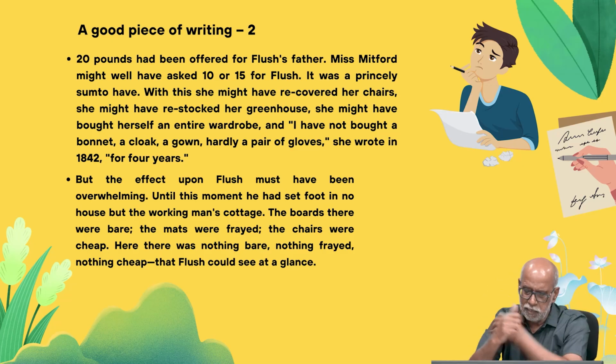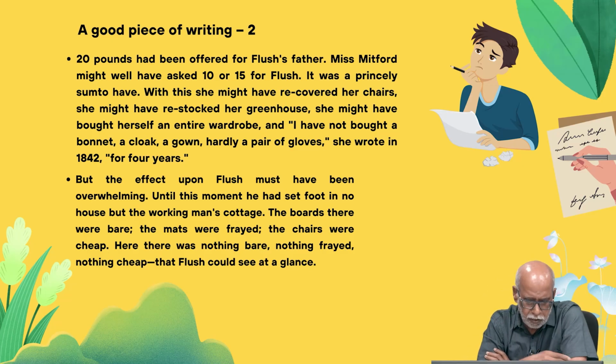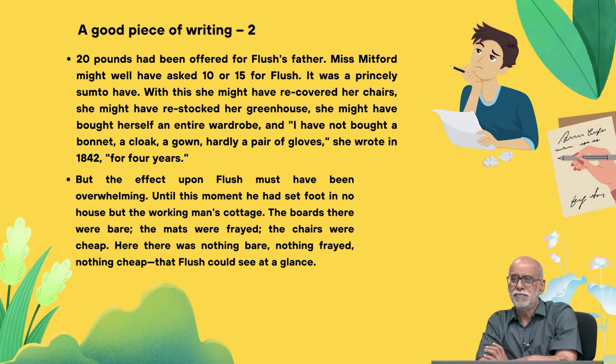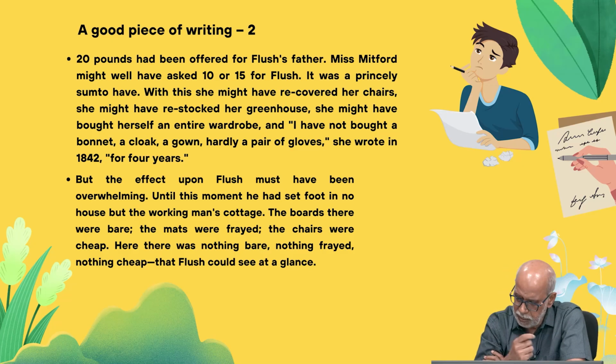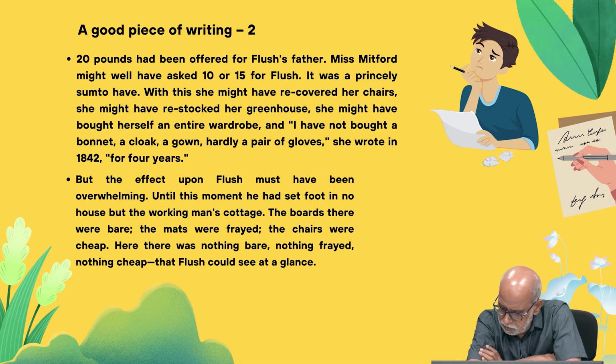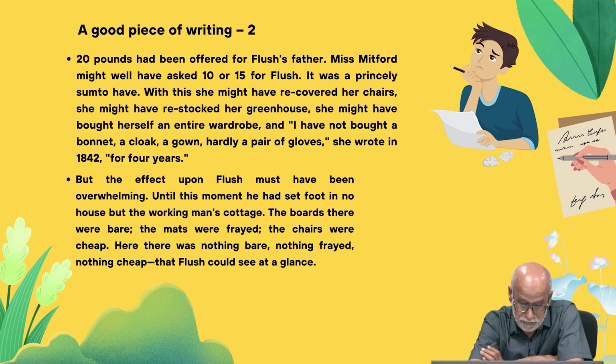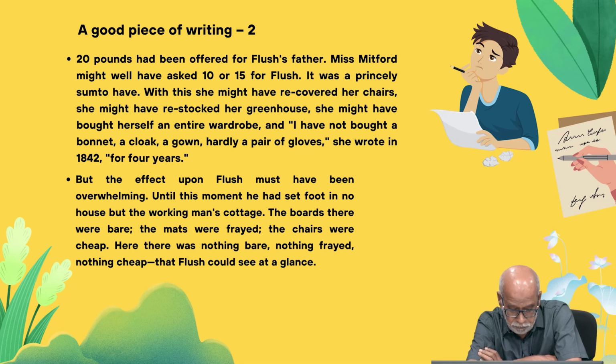So what he had at the home he left: the boards were bare, there were no carpets. The mats were frayed, there were some mats of coarse jute or carpet, but they had been frayed on the sides. The chairs were cheap, anyone would feel ashamed using those chairs.